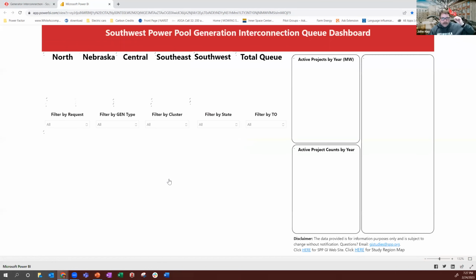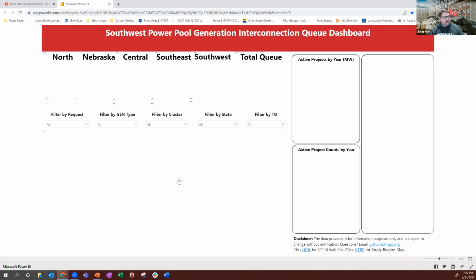This is the companies that have signed up to ask the regulator, the Southwest Power Pool, can we put generation on the grid and in what location?